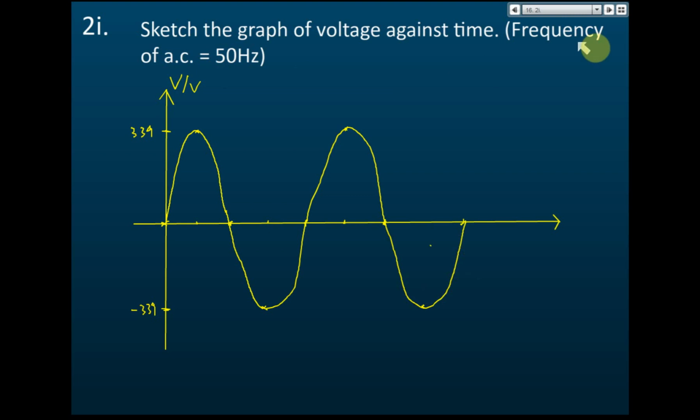And then they tell us that the frequency is 50 Hertz. 50 Hertz means that the period T equals 1 divided by 50, which is 0.02 seconds.